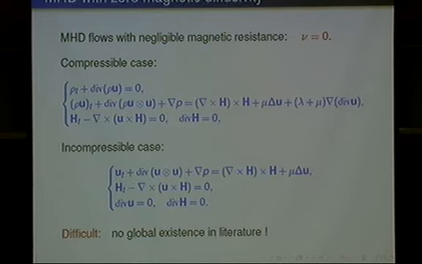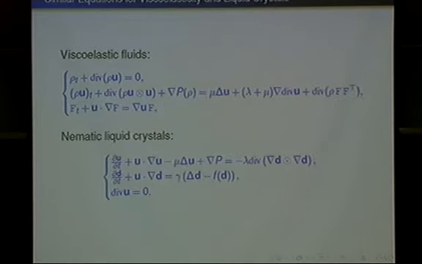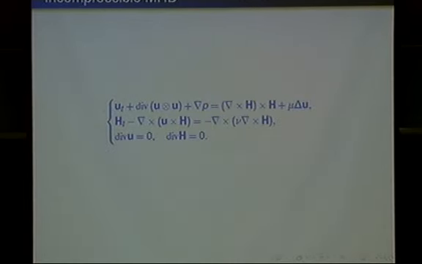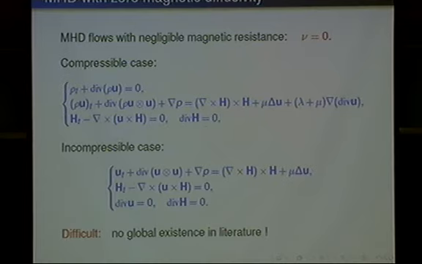I will show you later about this special case. When we talk about mu equal to 0, there is in fact a related system of PDE which is very similar to this one.